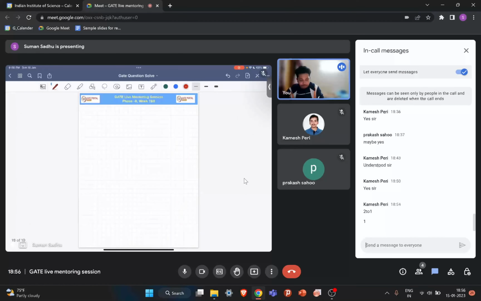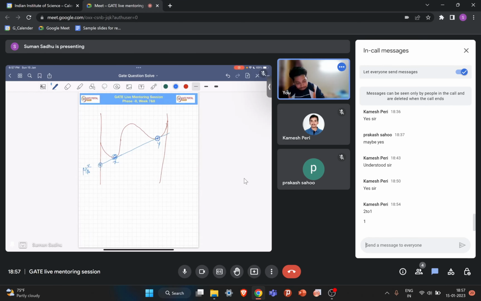So let me draw it here, otherwise it is looking very bad. If you draw a common tangent between these two points, this is point x and this is point y. What will be the mu A of point x? Mu A of point x is this point. What will be the mu A of point y?